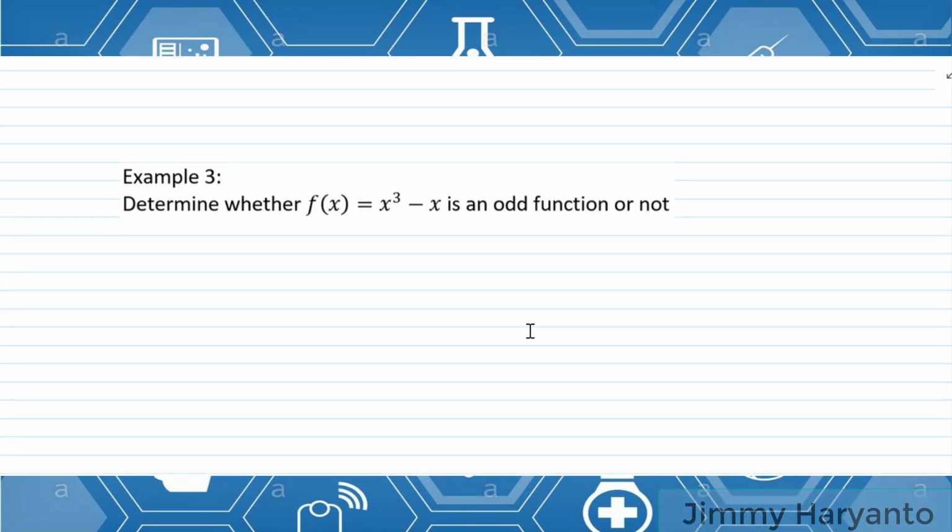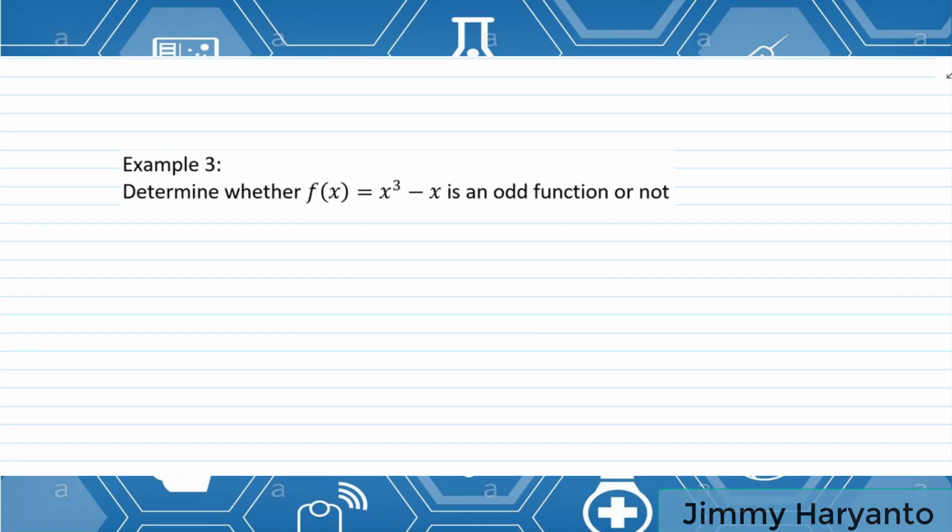Next, example 3, f(x) equals x cubed minus x. Okay, the first step is you have to find f(-x). It means you have to change the x into negative x, ya. Change again the x into negative x. You will have negative x cubed plus x for this one.